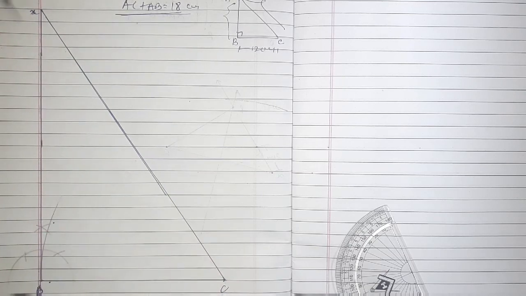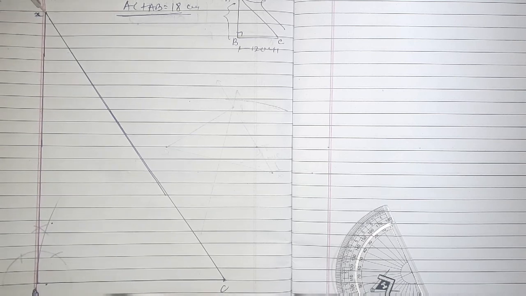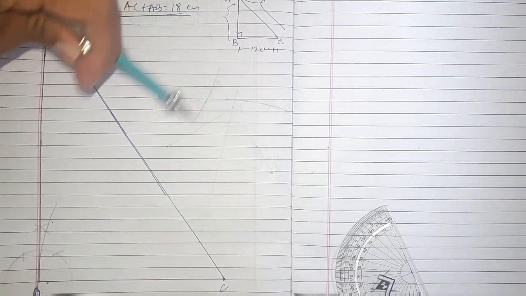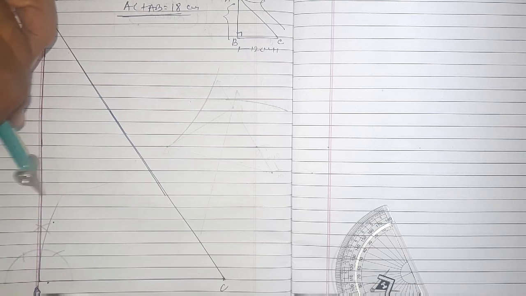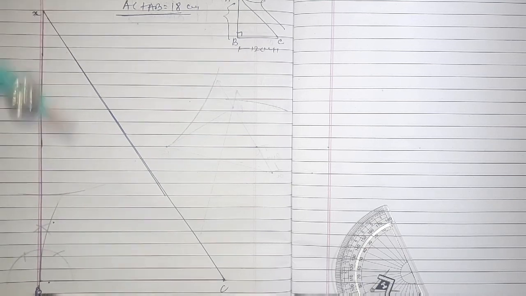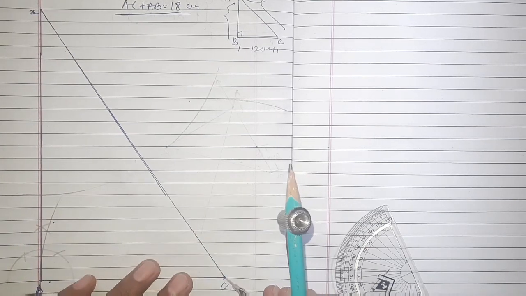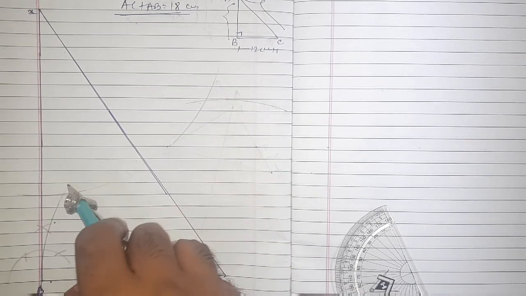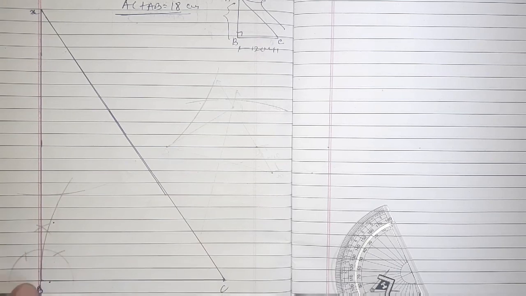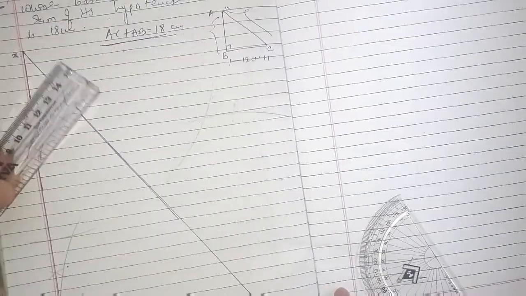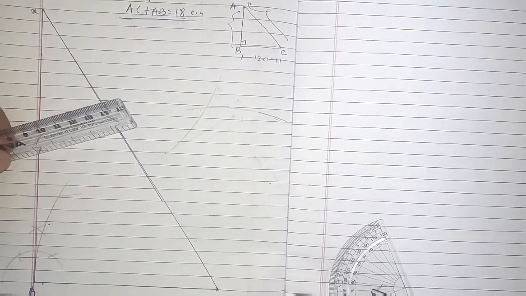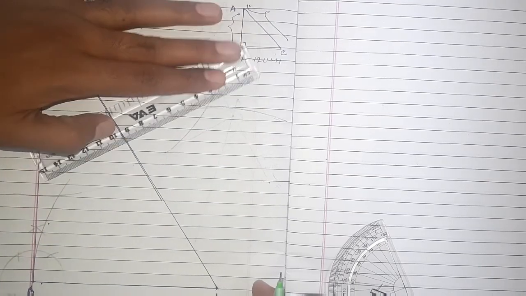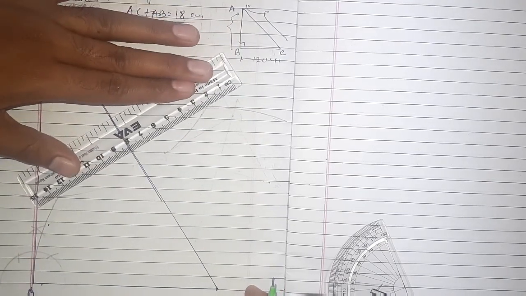And from the point X also make an arc with the same measurement. Make sure that both of the arcs intersect with each other. Now from the intersection points make a line passing through them.